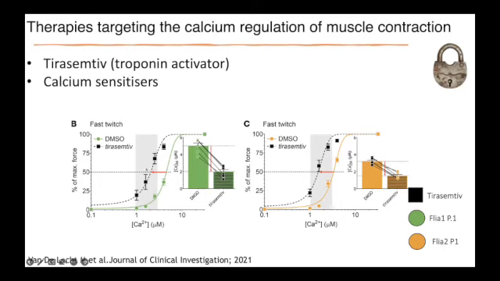The black dots are tirasemtiv, which is the troponin activator. In these cases, they were using less calcium to produce the same amount of strength as the fibers that have the mutation. So this is another strategy that we can use.